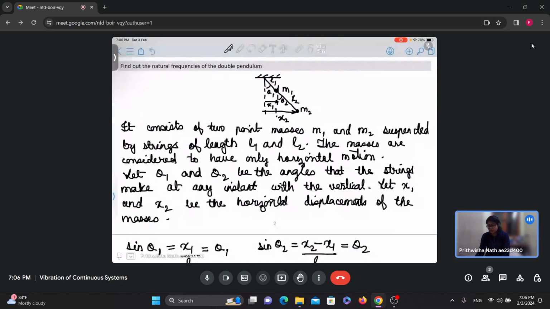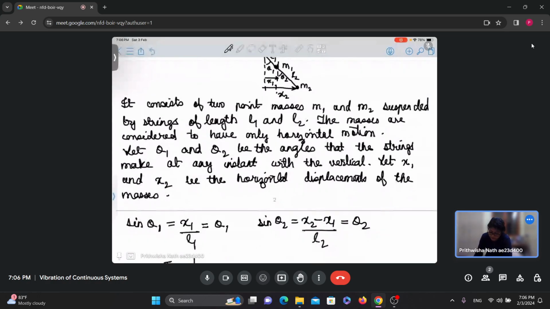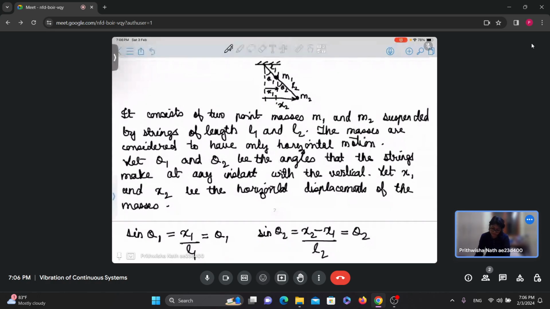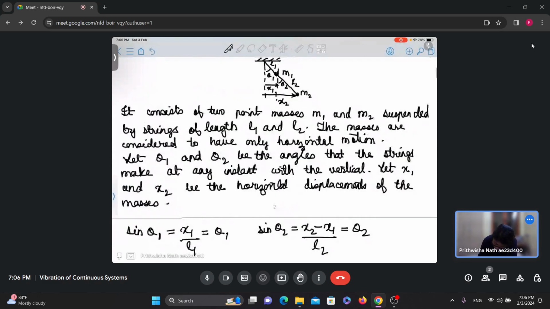So from this, what is sin θ1? For the first mass, sin θ1 can be written as x1 by L1. Now since we have considered small amplitude, this is the assumption for small amplitude.